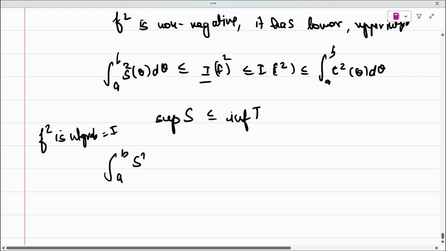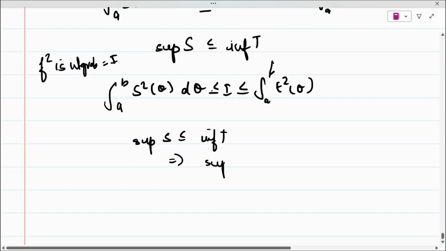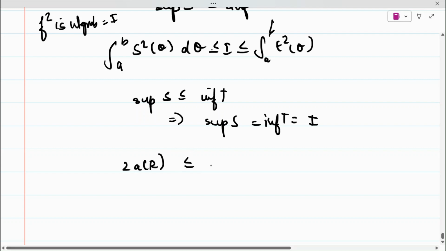And since it is only one value, it can only be satisfied by I. And since you have arbitrary step functions, you can make the gap really small, so the only value that exists between them is I.